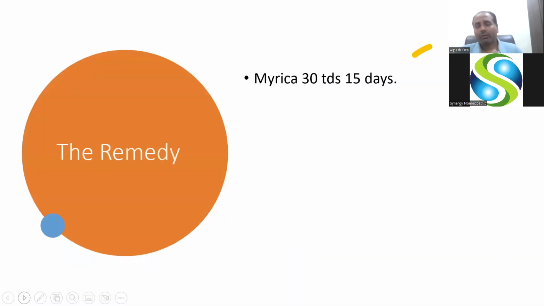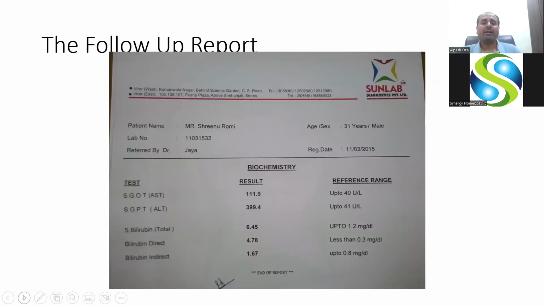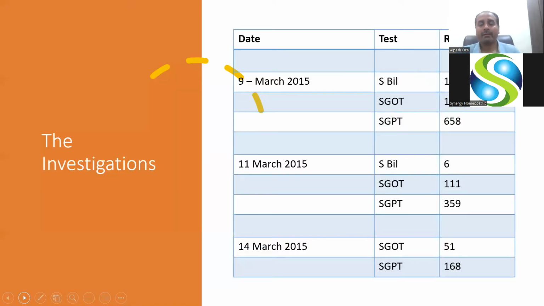So myrica 30 was given for 15 days, and you can see within a few days the SGOT SGPT reduced to half. Of course, the bilirubin also reduced to half, and I think I have one more report or a table where it mentions that they got reduced to almost the normal value, especially the SGOT, which became 51, and SGPT became 168.